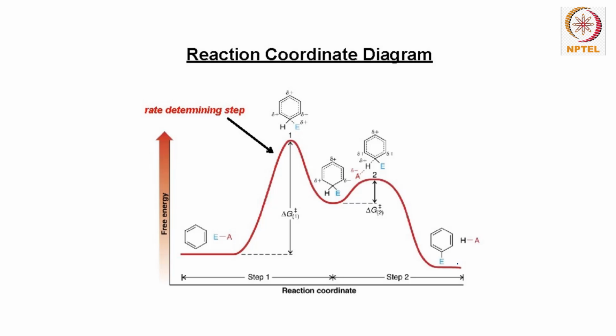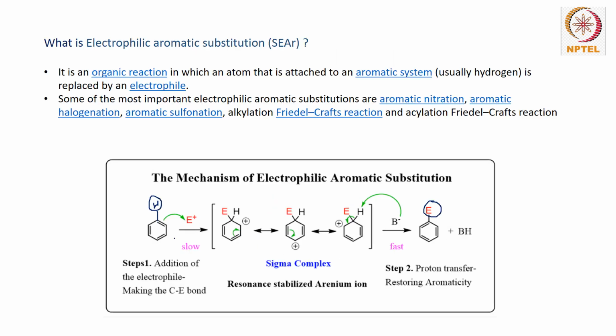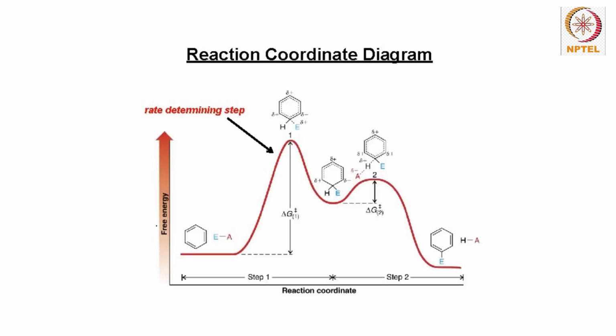This is a 2-step process. First the electrophile enters, second the hydride elimination. The first step is the slow step, where the electrophile enters. This is our first step, which is the slowest step and our rate determining step.